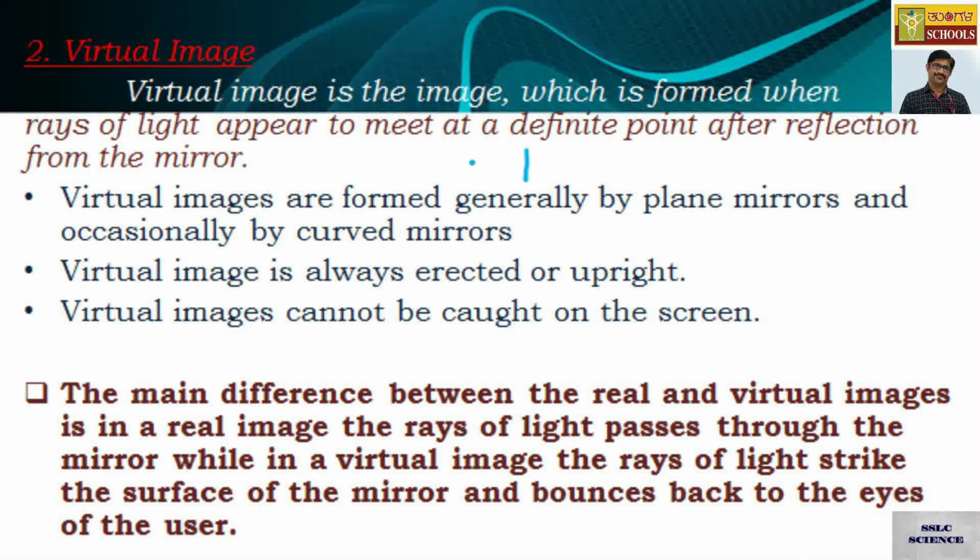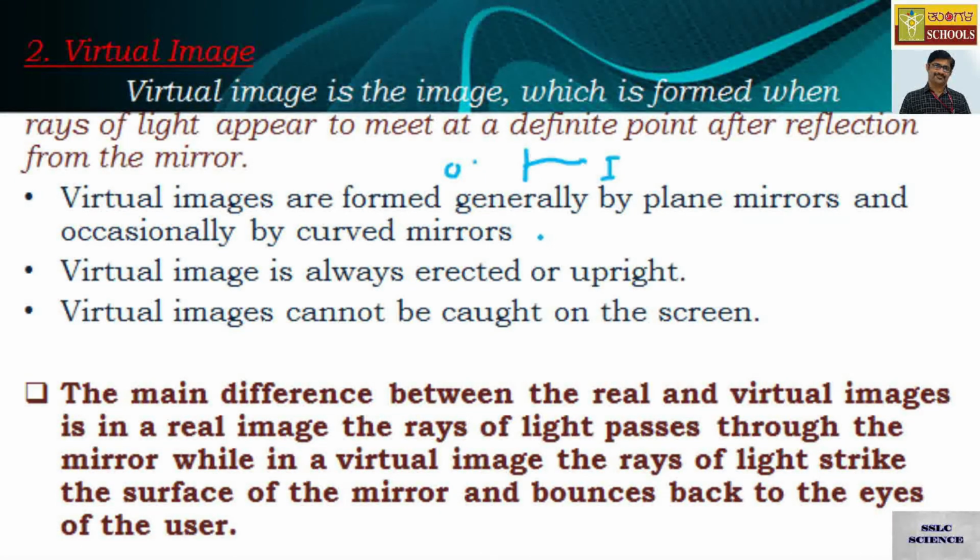This is the object O, and at the same distance you are getting the image I. Okay. The light rays appear to meet at a definite point; that is known as a virtual image. I hope you are following this.